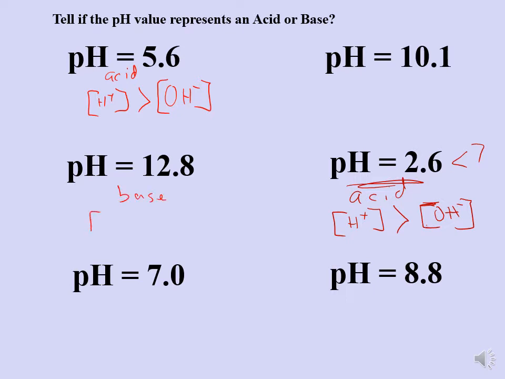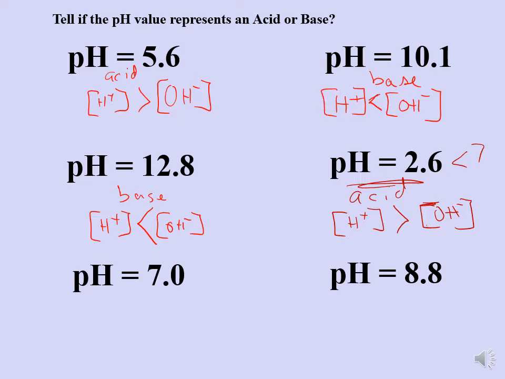And so the hydrogens are now less than the hydroxides. 10.1, that is a base as well, because it's above 7. So the hydrogens and the hydroxides are definitely not equal, just to be clear. And you want more hydroxides than hydrogens.